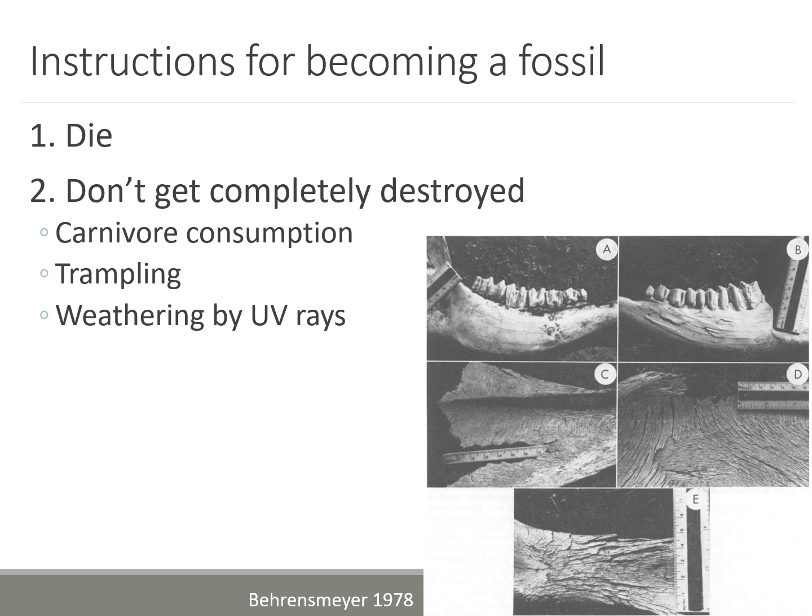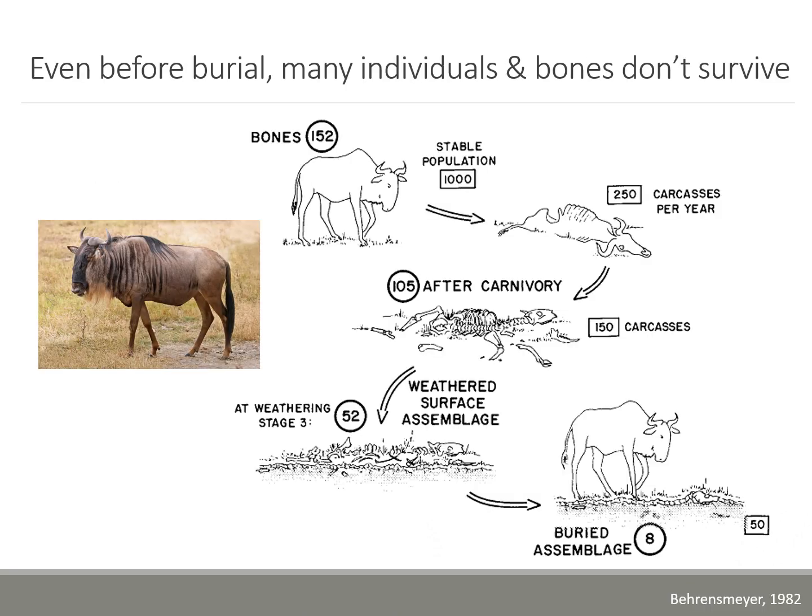So if a bone is left on the landscape in the sun for long enough, UV rays from the sun will just break down the bone itself. Okay, again, there is a size dependency here where large bones like elephants will take much longer to weather, but again, another process that will destroy a bone before it even has inkling of a chance of becoming a fossil.